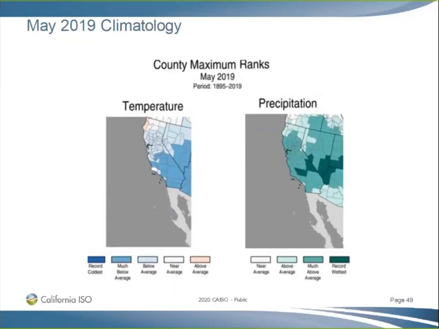You can see that most of the state had record cold temperatures below normal, particularly through Southern California, and precipitation in some spots had their record wettest May, with some places seeing over 600% of their typical May precipitation in 2019. That contributed to why we saw the very low load peak numbers and shapes for 2019 versus the forecast for 2021 and 2023. Next slide, please.